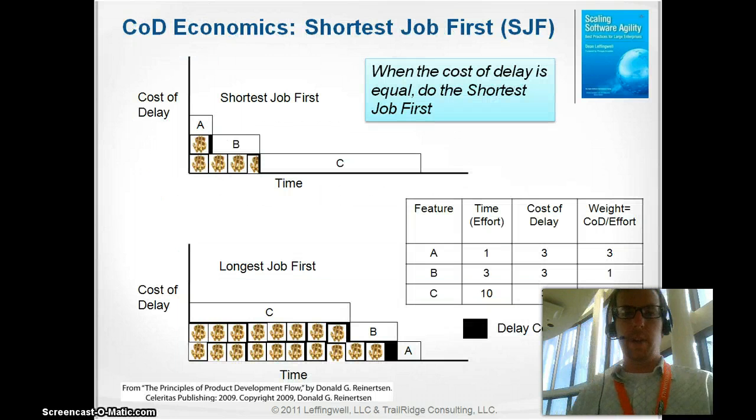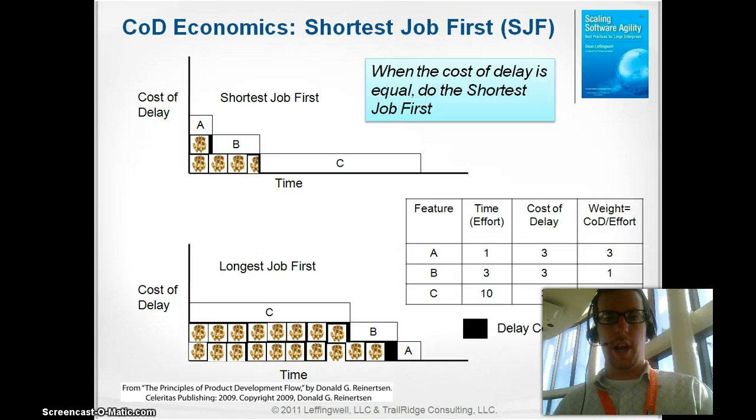If we look at the first one, called shortest job first, what that's trying to say is that all things are equal in terms of the delay and money that we're not going to get, so cost of delay is equal, but the effort is different.